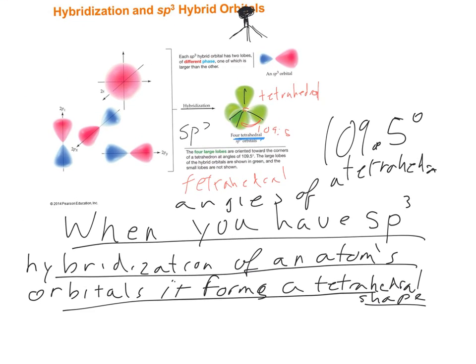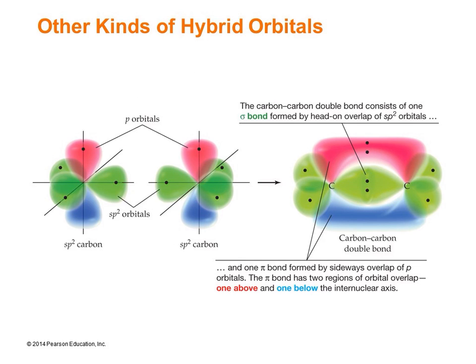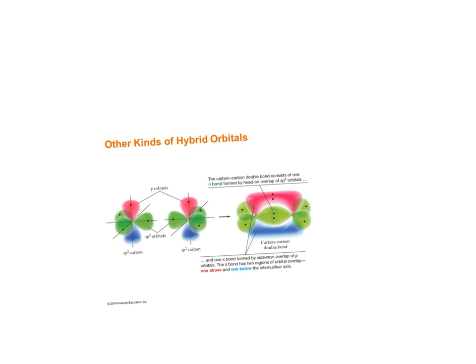All right, let's keep chugging along. Okay, how can we explain double bonding using hybrid orbitals? Let's take a look at a really simple molecule here. Let's take a look at the molecule of ethane. In ethane, you have a carbon singly bonded to two hydrogens, forming a double bond with another carbon also singly bonded to two hydrogens.